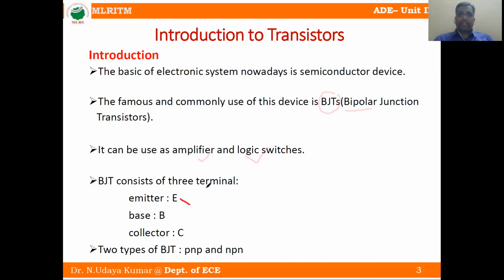One is emitter, second one is base, third one is collector. Two types of BJTs are there: one is PNP and the other one is NPN. BJT means bipolar junction transistor, and simply we call it a transistor.